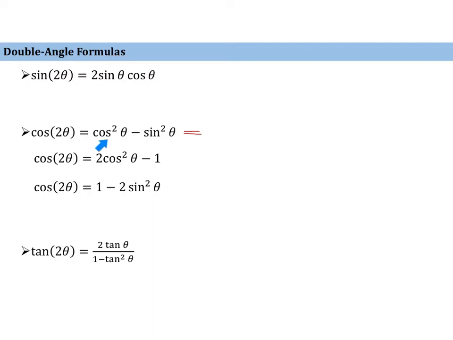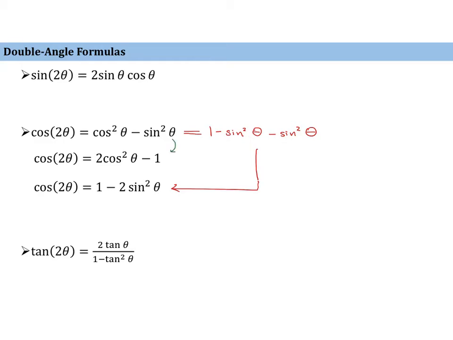Cosine squared of theta is, by the Pythagorean identity, 1 minus sine squared of theta. So we have 1 minus sine squared of theta minus sine squared of theta, and that is our third identity there in the lineup.